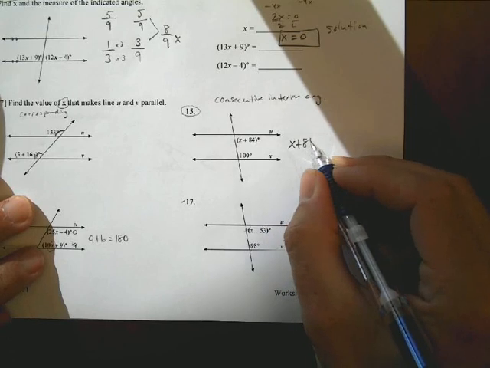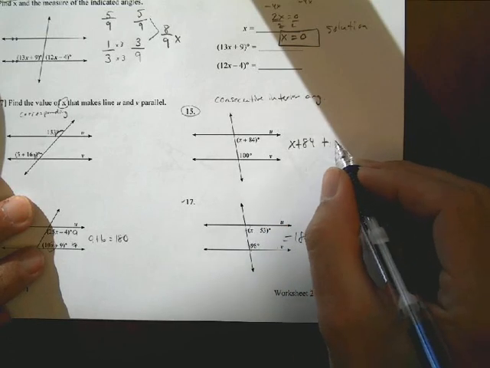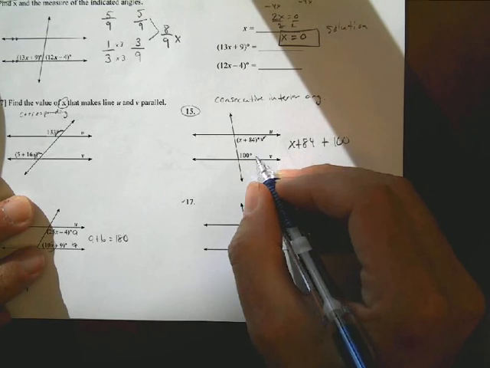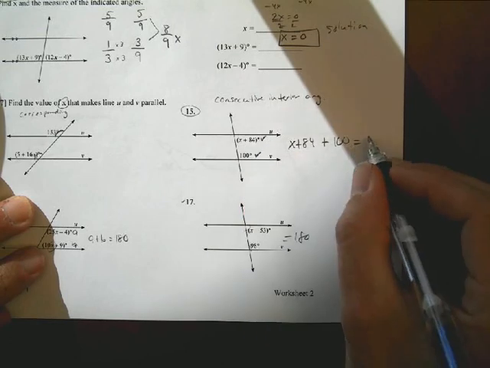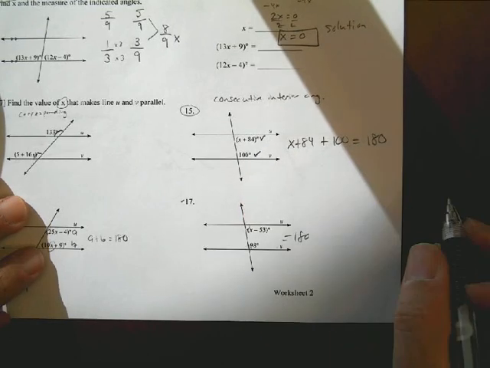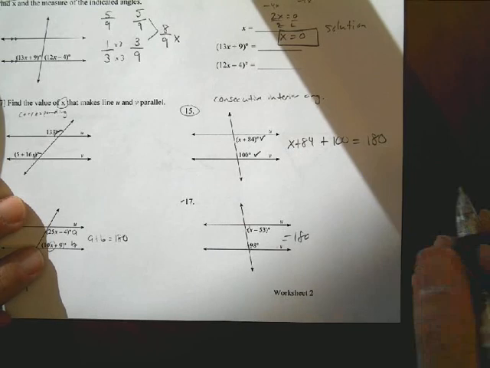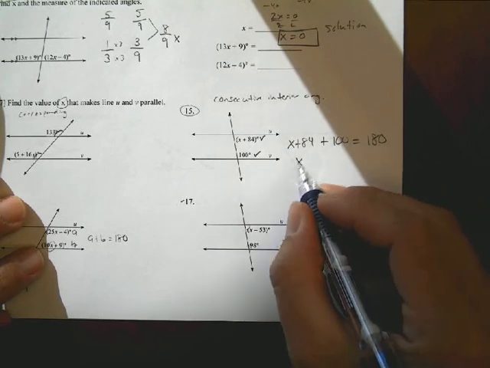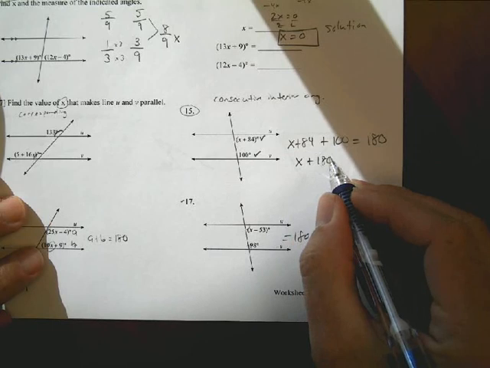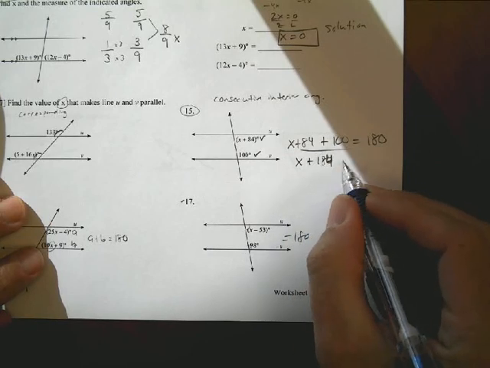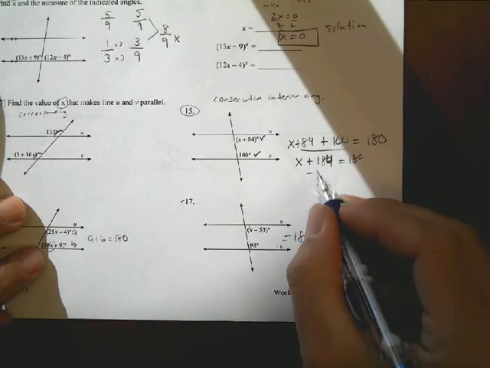We're going to say that x plus 84 plus 100, so this one plus this one, should equal 180 degrees. I shared this one with you because it's a little funky as well. We have x plus 184, sorry about that, equals 180.